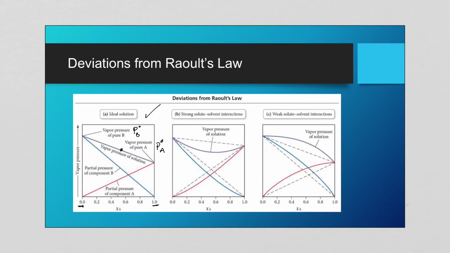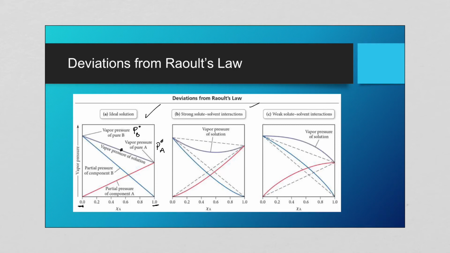Of course, we don't always have ideal solutions. So we can see deviations from this ideal Raoult's law. The first deviation is when you form really strong solute-solvent interactions. So let's say we get two materials that form really nice, strong intermolecular forces with each other, and so they don't evaporate as easily. And so we're going to get what's called a negative deviation.